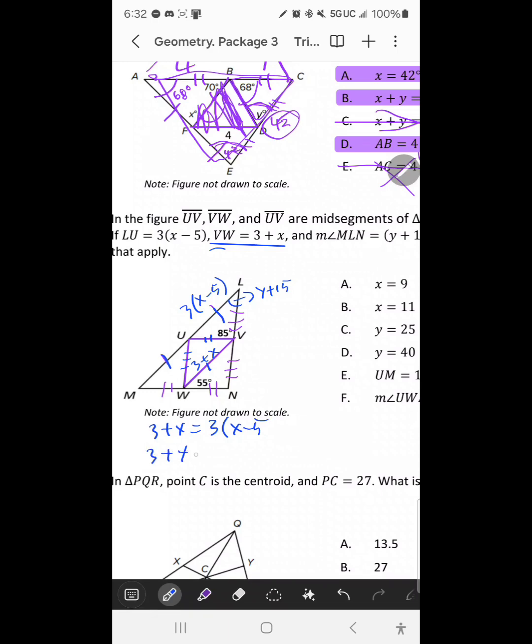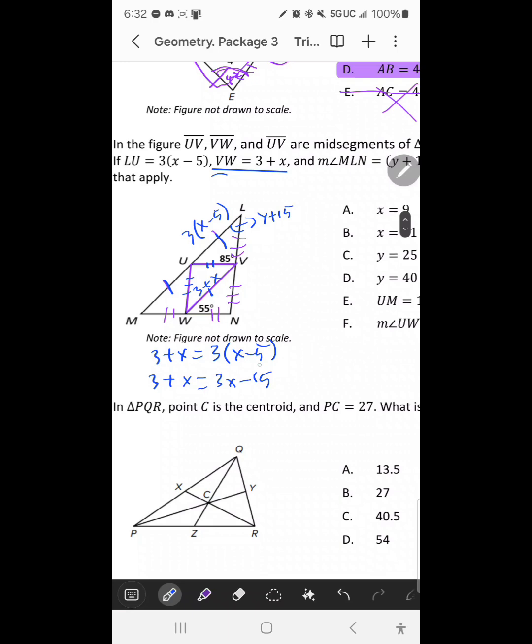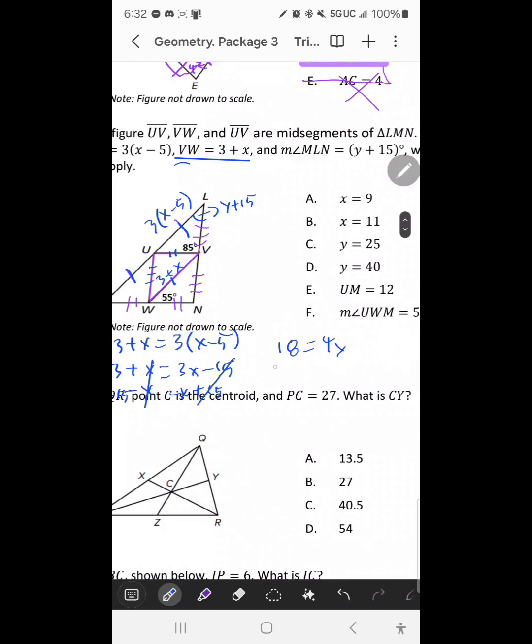I'm going to just subtract x here and add 5, so this minus x cancels, and I get 3 plus 5, 8 equals 2x. And I divide both sides by 2, and I get that x equals 4.5.